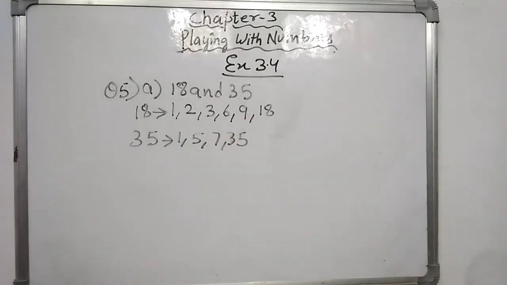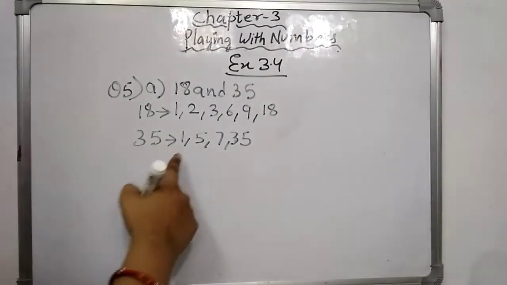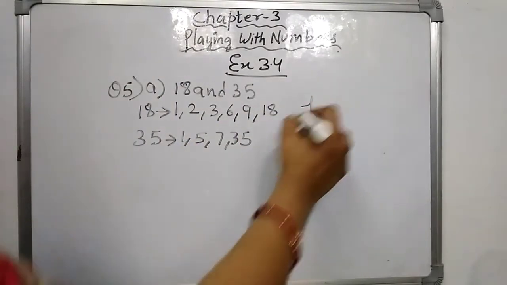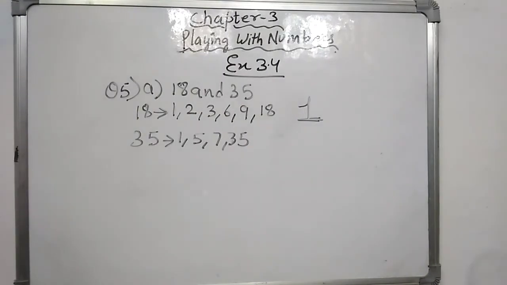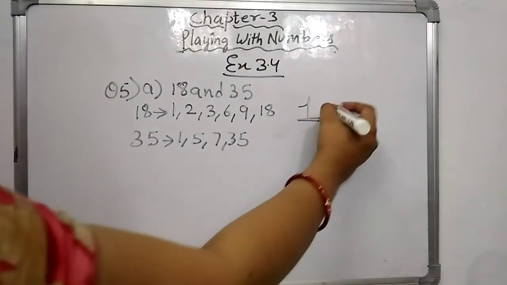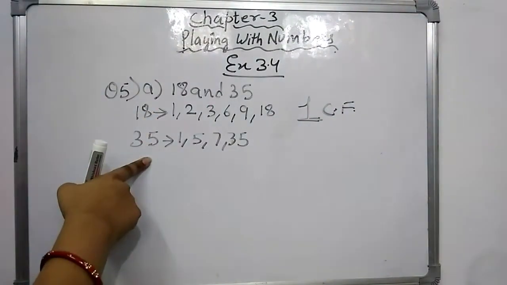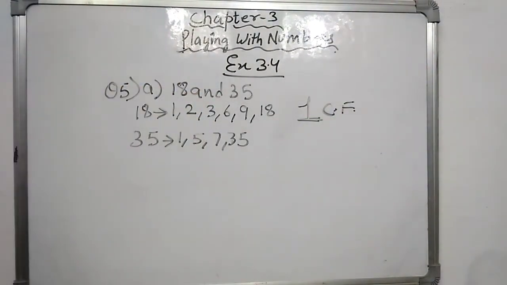Let's check the common factors. It has only one common factor, that is number 1. So 1 is the common factor of 18 and 35. So we can say 18 and 35 are co-prime numbers.